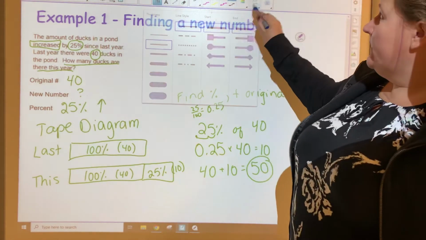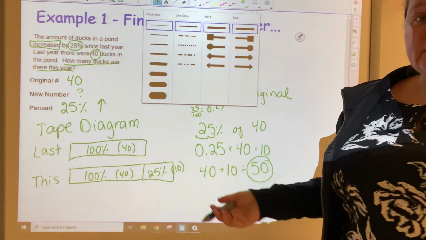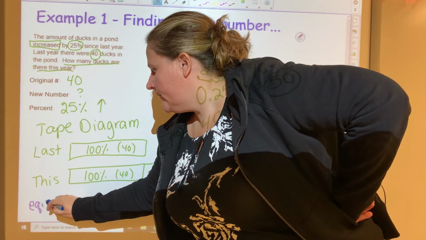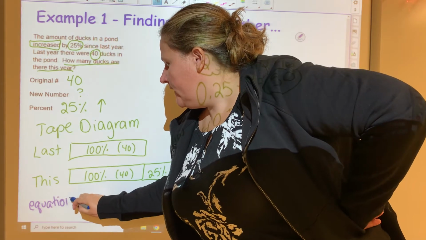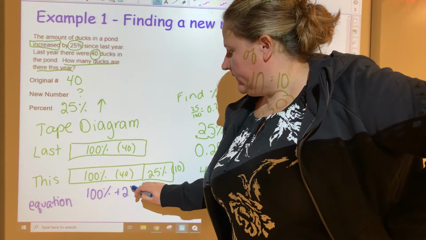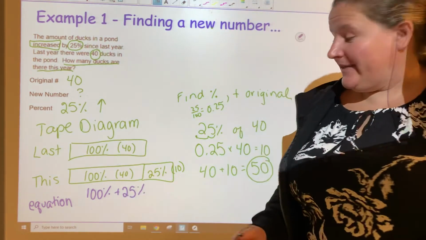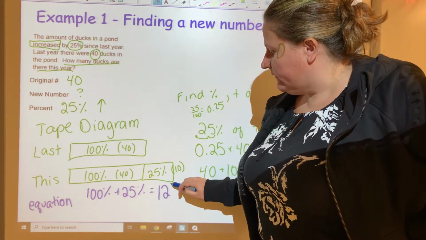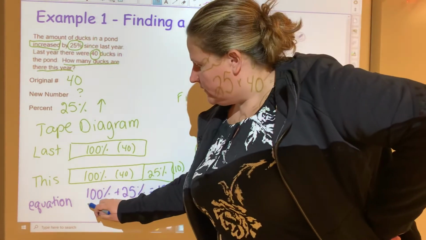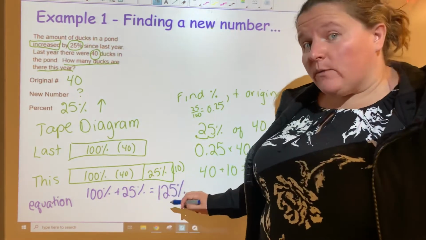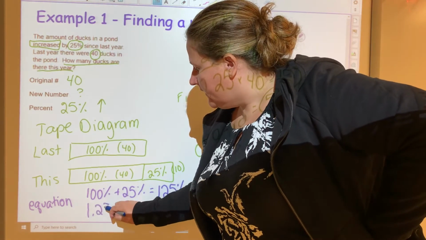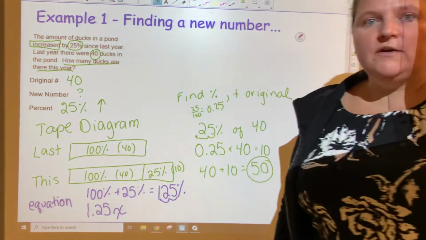In the same kind of sort of thing, we can use an equation. So as an equation, here I started with 100% and I added 25% on, which means I now have 125% of my original. So I can write this using a decimal. So again, I can divide by 100, or I can move the decimal point over, and I would have 1.25 times my original number.